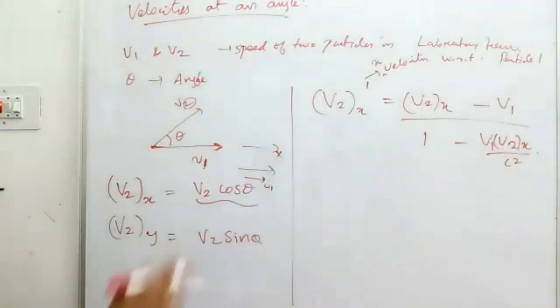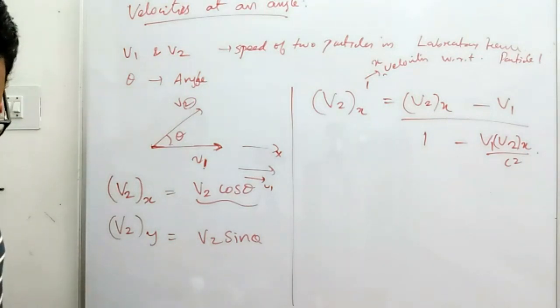So you have to always remember to be careful about this sign. You shouldn't miss the sign. This sign can be fixed just by thinking about it physically. You don't have to worry whether you use a Lorentz transformation or an inverse Lorentz transformation. You just look at the situation.